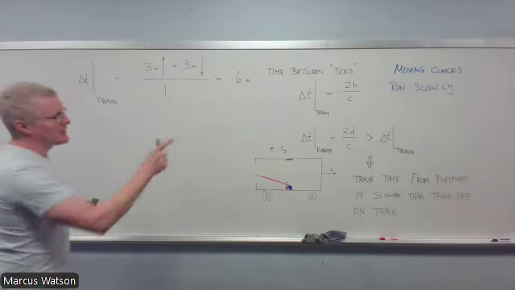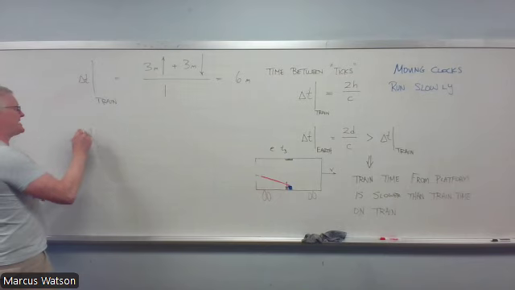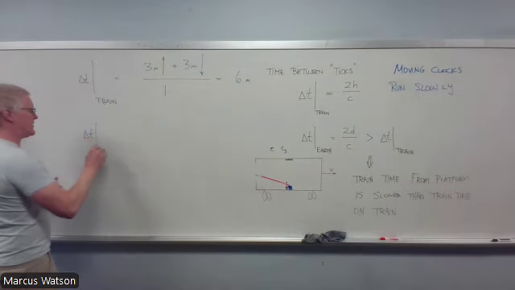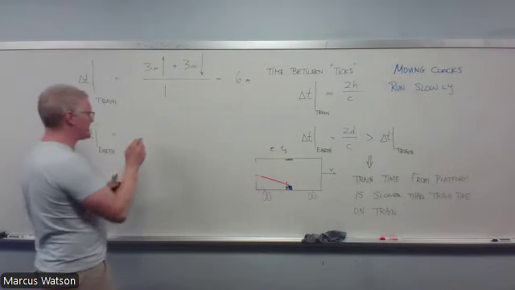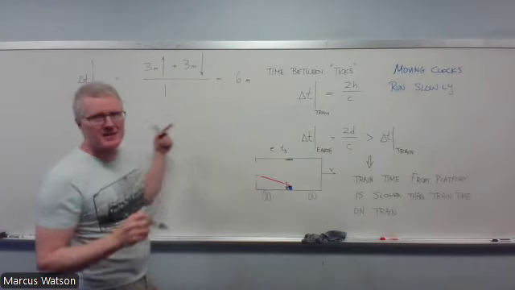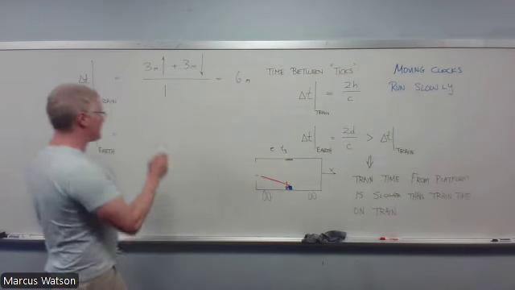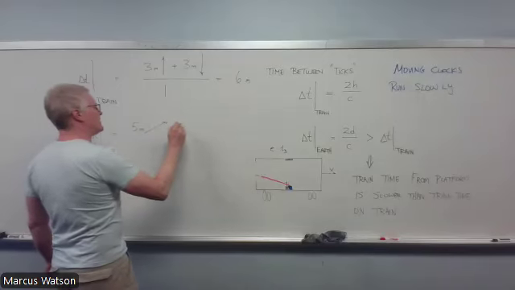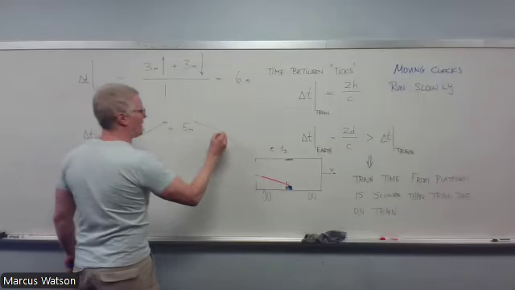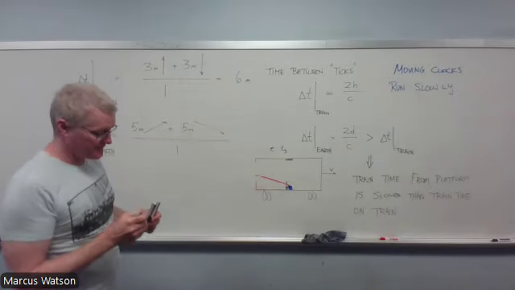Okay, now let's take a look at what it is as observed by a platform person. Delta t as observed from Earth. The Earth observer viewpoint tells us it's 2h divided by c. In this case, let's suppose that the big long line that goes up and down is a 5 meter distance. So it'll be traveling 5 meters that way plus 5 meters that way. That's also going to be divided by c, which is 1.